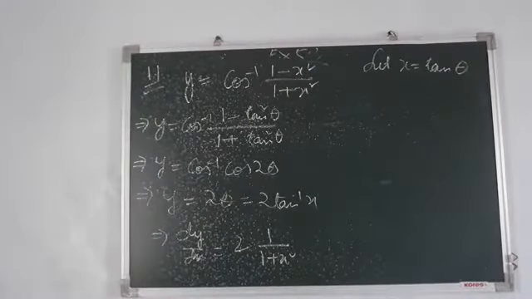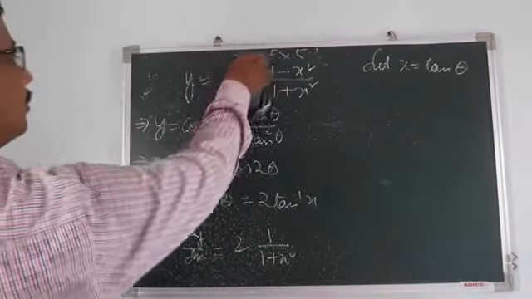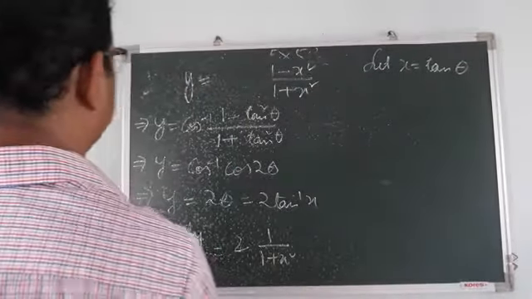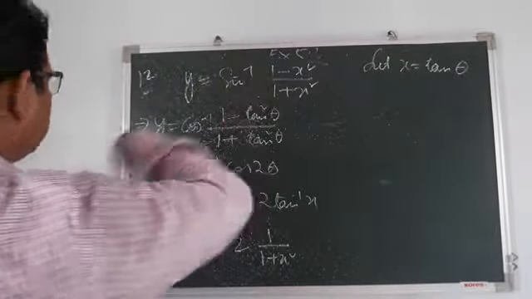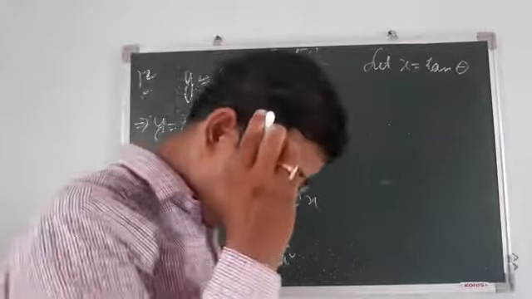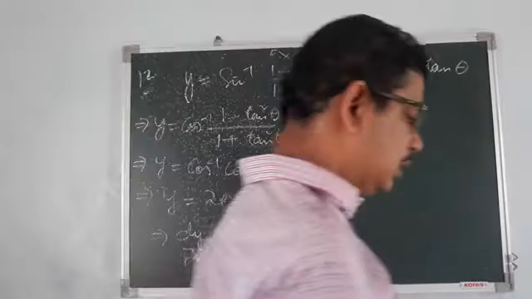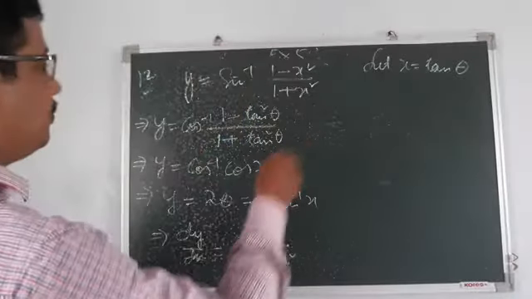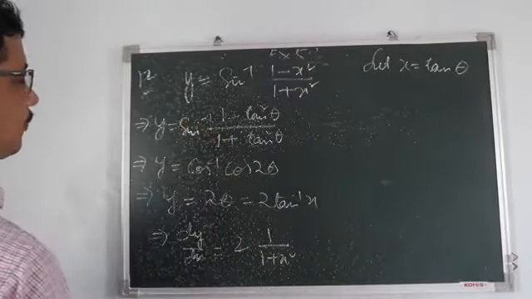Question 12 is like that. y is given as sine inverse of 1 minus x square by 1 plus x square. Same substitution, you just replace this by sine inverse.